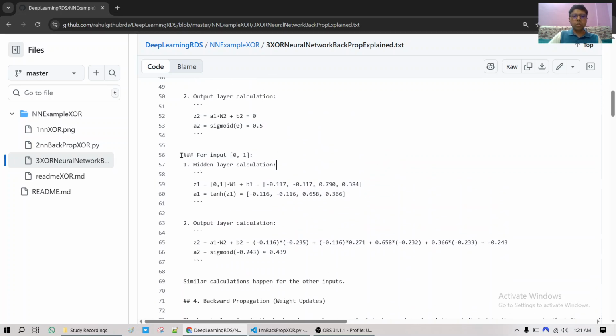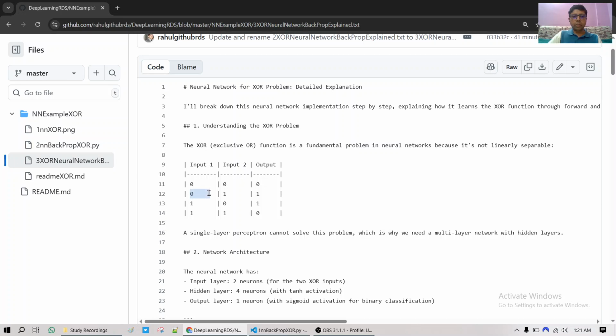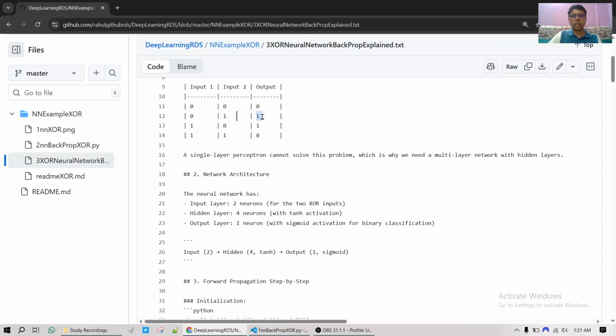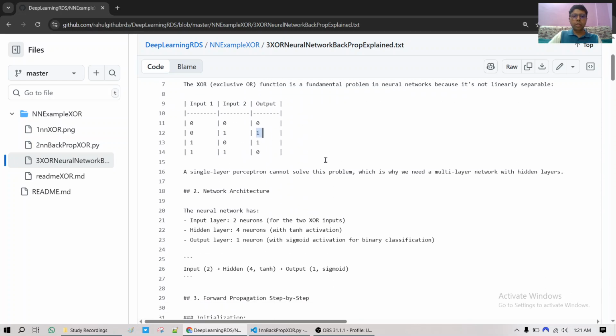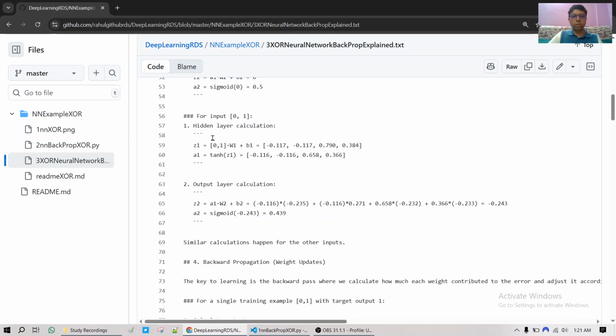In the input layer, we are now providing the second input: 0 as input 1 and 1 as input 2, and we are expecting the target y to be 1. In the hidden layer, with 0 and 1 as input, we get the dot product along with the weightage, which are random values, and after the bias calculation we get z1.